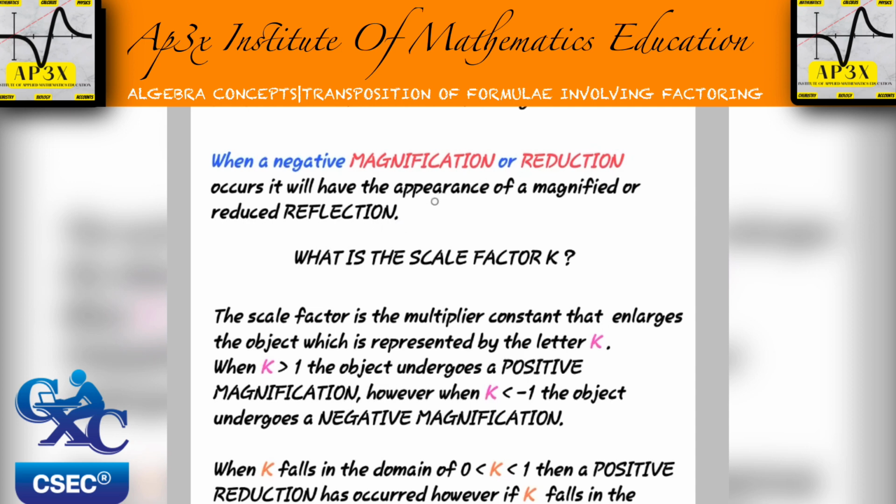What that means is that the object is going to magnify, but it's going to appear in an opposite direction, so to speak. So it's going to be turning backwards, or turning upside down. It's going to be the complete reflection of its object, but just a bit larger, or perhaps a bit smaller. All right, so that's very important that you understand, and in a moment I will demonstrate some graphical representation for you.